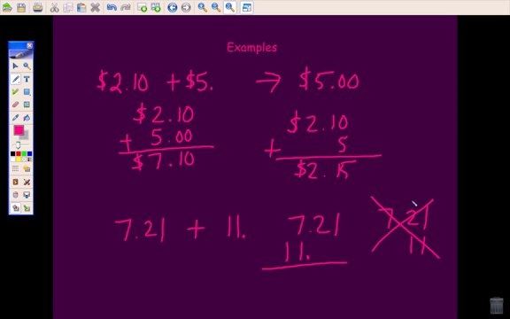That is not the right way, just like this is not the right way. So with that, I can add in my placeholder zeros and ensure that I add this correctly. So go ahead and pause, but first drop down your decimal. 1 and 0 is 1, 2 and 0 is 2, so I have 21 hundredths. 11 plus 7 is 18, so total time for those two races is 18 and 21 hundredths of a second.